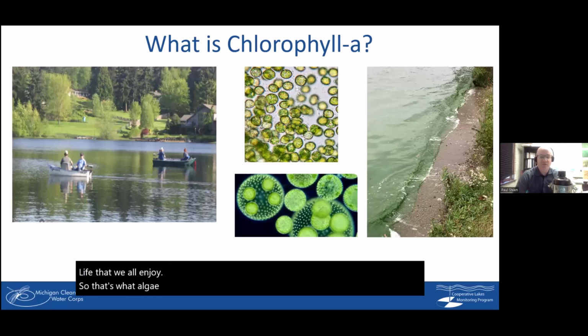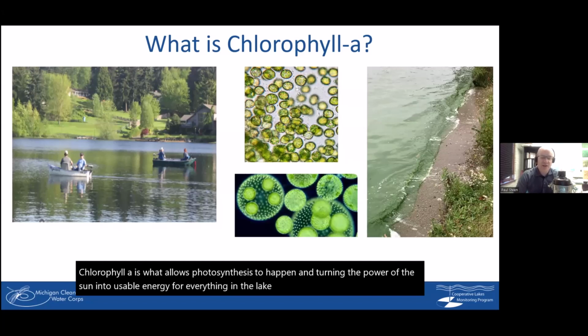Now what's Chlorophyll-a? Well, Chlorophyll-a is the green pigment contained in algae. Chlorophyll-a is what allows photosynthesis to happen, turning the power of the sun into usable energy for everything in the lake. And not just the lake, but all green plants everywhere have Chlorophyll-a.